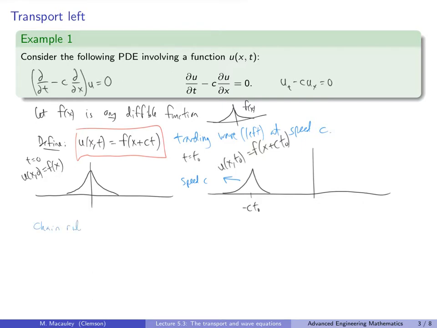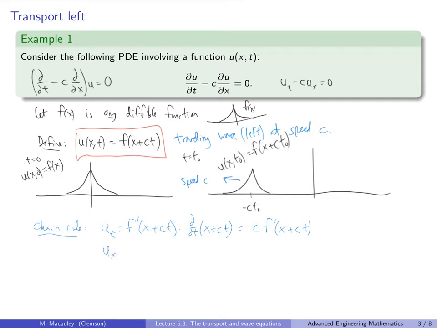By the chain rule, if you're rusty on this, that's fine. u_t is the plain old derivative of this one variable function, f prime of x plus ct, times the partial derivative with respect to t of the inside, x plus ct. And so that's just equal to c times f prime of x plus ct.